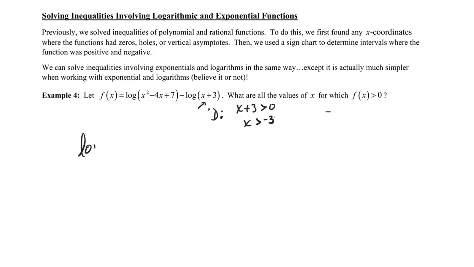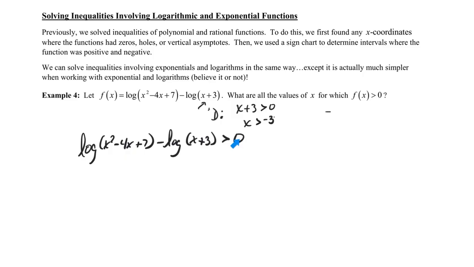So I have log of x squared minus 4x plus 7 minus log of x plus 3, and they're telling me it wants to be greater than 0. So we have a couple of options here. We could condense this side down to 1 log and then rewrite it in exponent form, or this might be easier, move this guy to the right-hand side.